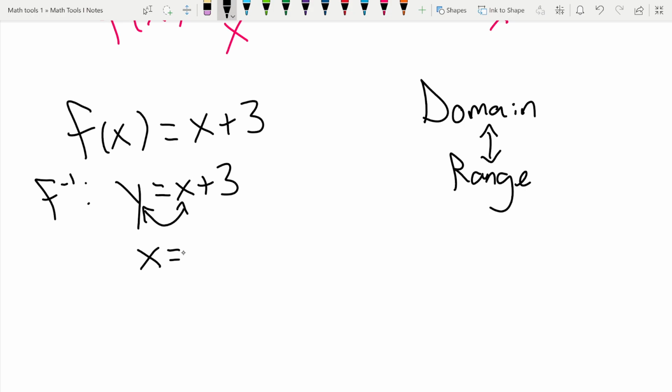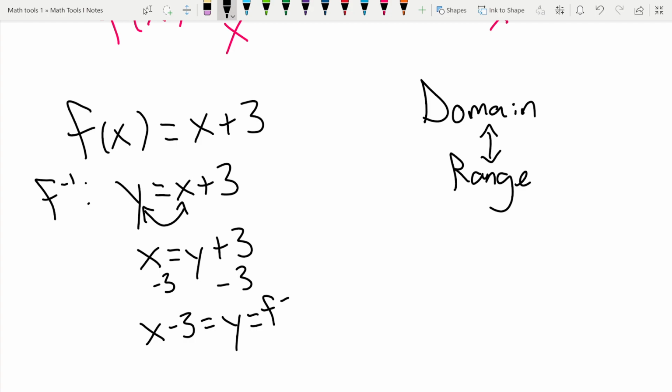Okay, so we're going to get x equals y plus 3. And then we're going to solve for y, right? We still want to isolate y. So in this case, we'll subtract 3 from both sides. And we'll get x minus 3 equals y. So this is the inverse function. This is f inverse of x.